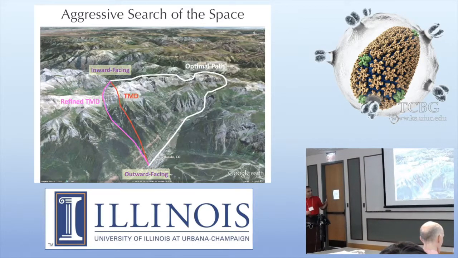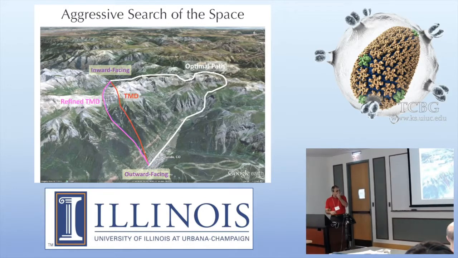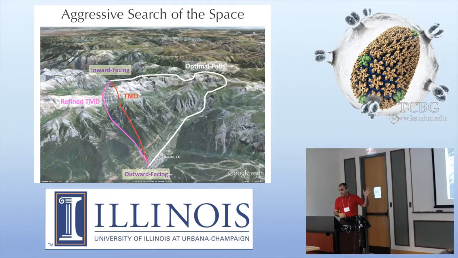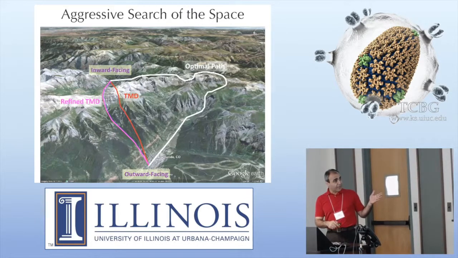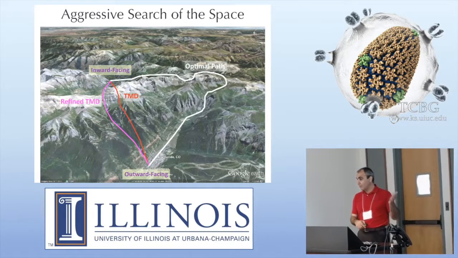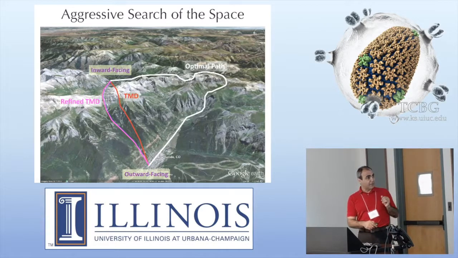But if your actual transition pathway, the real one that happens naturally, is too far, then you will have no chance, essentially, to get there, even if you apply all the path refinement algorithms and techniques that we have. So we have to explore a little bit better here.